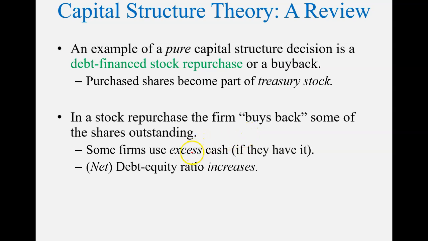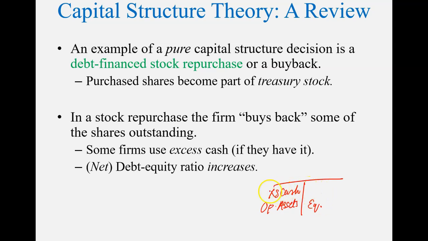What if I just have some excess cash lying around? In other words, I have some operating assets, and then I have some excess cash lying around. Couldn't I just use this excess cash to buy out some of the equity? Do I have to borrow money to buy out some of the equity?